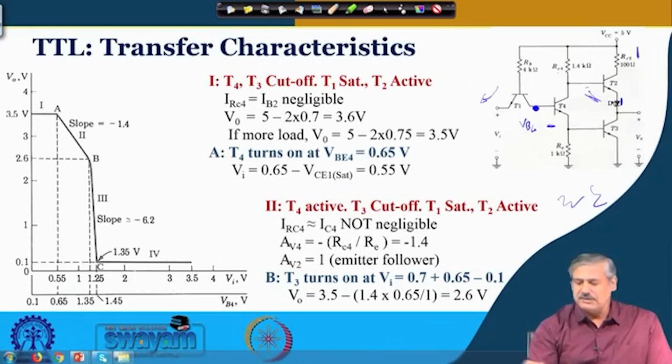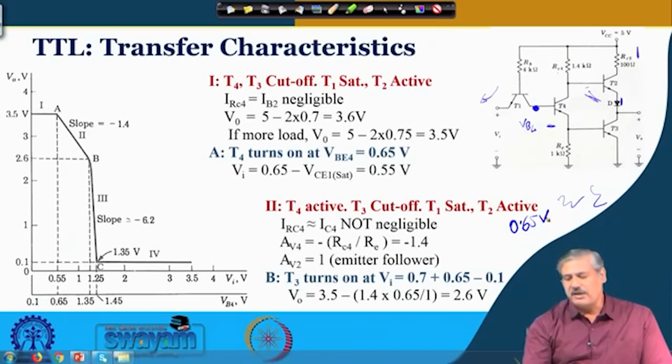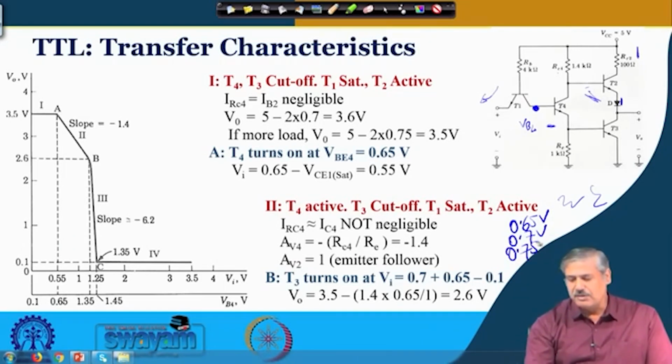In this part of the discussion, we consider that when the transistor just begins to be on, the base emitter junction voltage is 0.65 volt. When it is active, 0.7 volt, and when it is in saturation it is 0.75 volt.